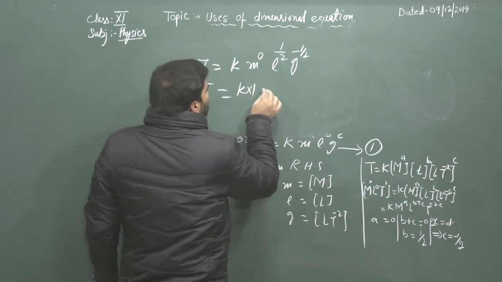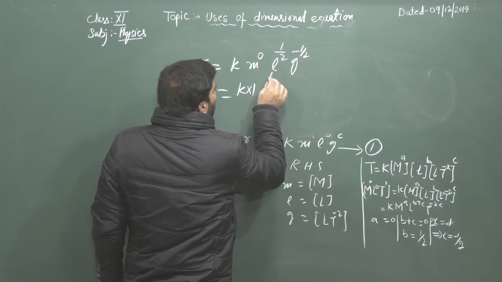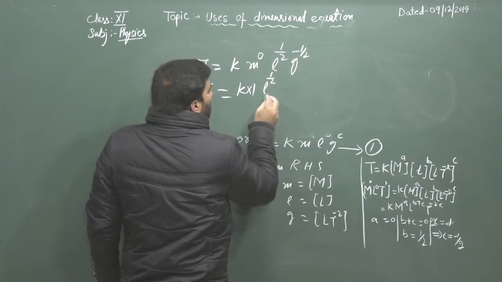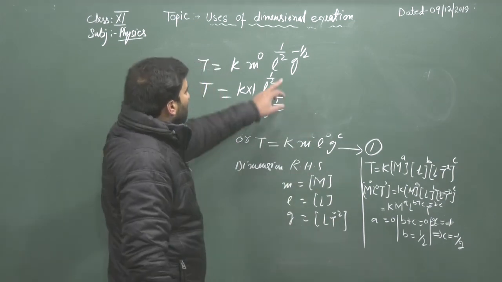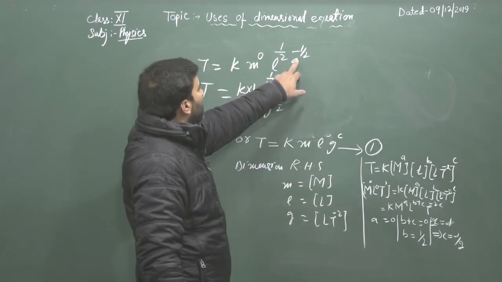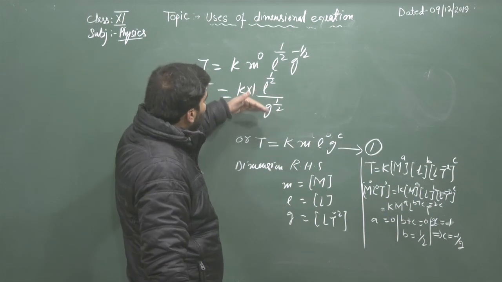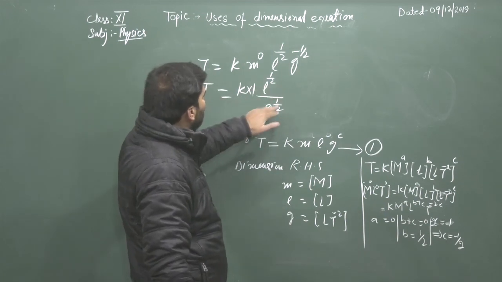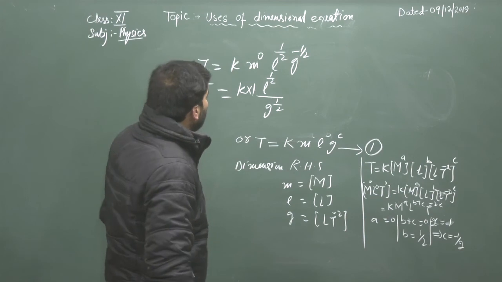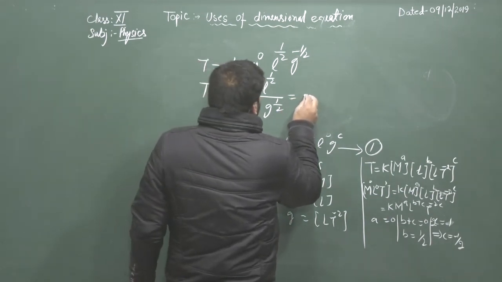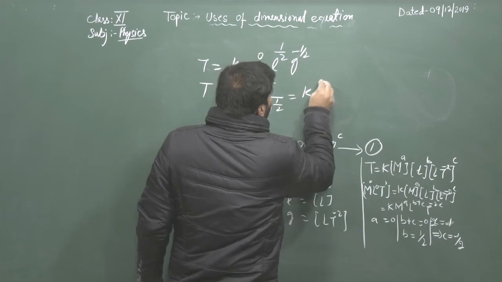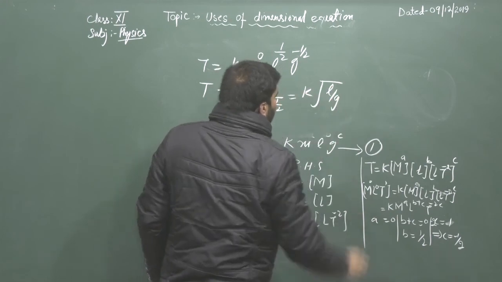We have L^(1/2) and g^(-1/2). When we write g^(1/2) in the denominator, the minus sign becomes plus. So we can write it as K times the square root of L by g.